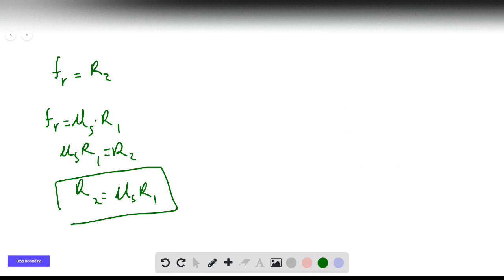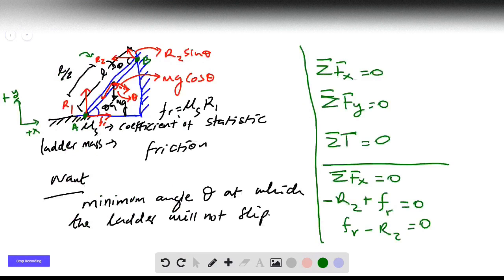The next thing we're going to do is focus on the y direction, where we're saying the sum of forces in the y is 0. If you go back, you see that the weight is pointing downwards in the y direction, and this reaction, the first reaction, is pointing upwards in the y direction.